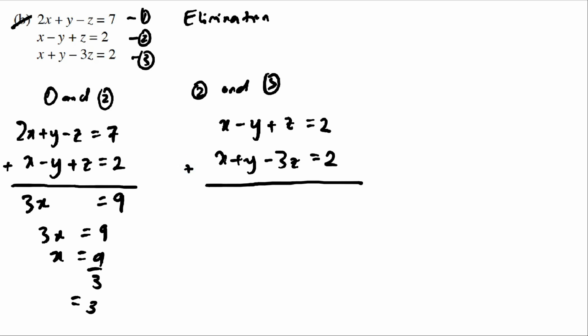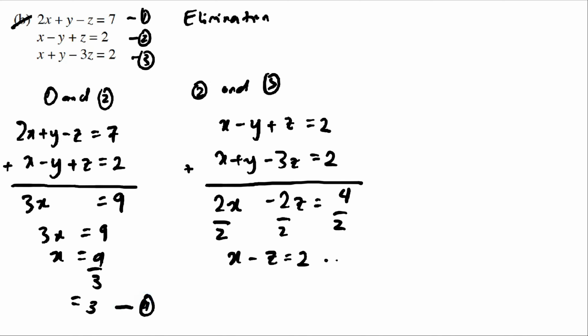So we will add this equation. x plus x is 2x. z plus negative 3z, you get negative 2z is equal to 2 plus 2 is 4. Here, we can divide everything by 2. x minus z is equal to 2. This one is 4 and this one is 5.